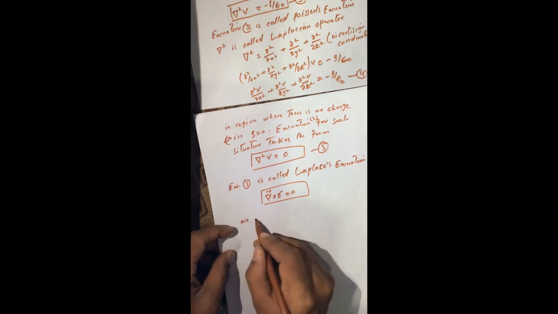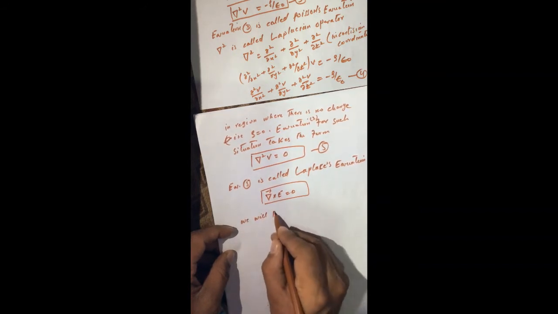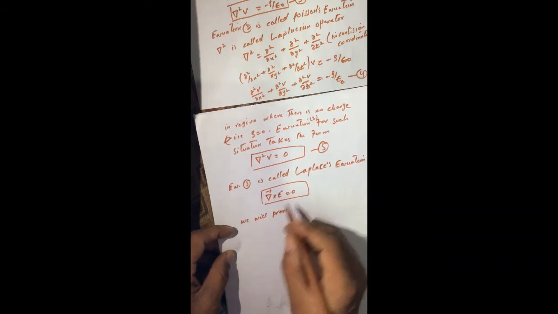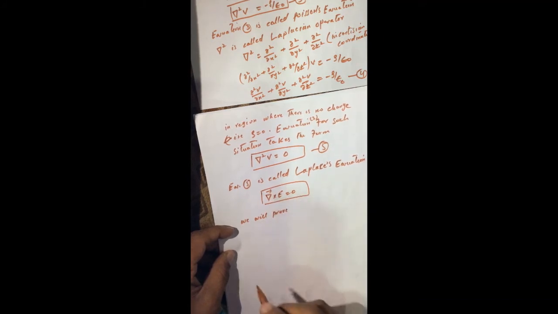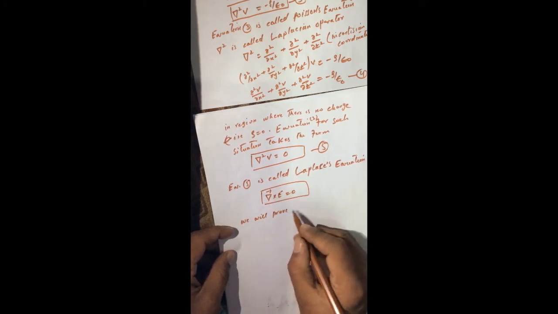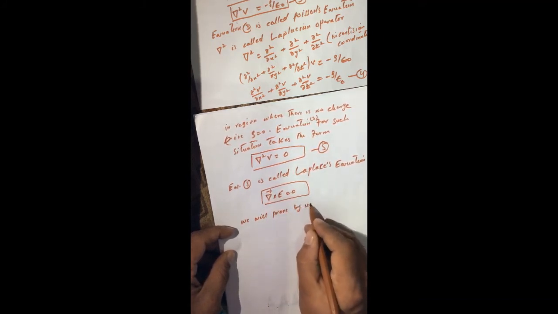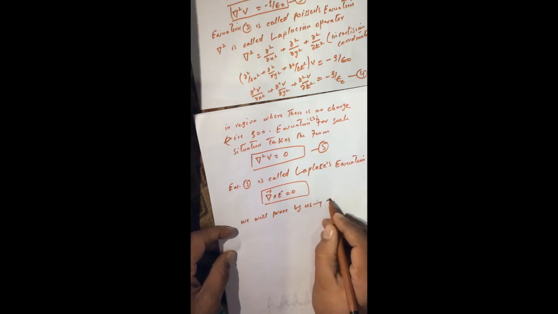We will prove that the curl of E is equal to 0 by using equation 1.